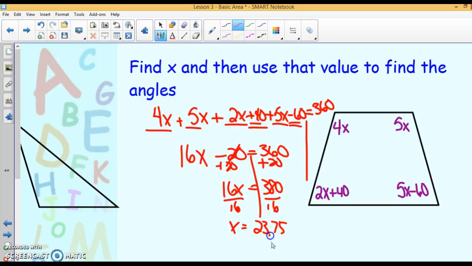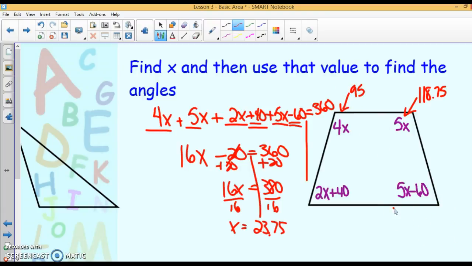Now, once we know that x is 23.75, I can substitute that in to find the angle. So, 5 times 23.75, this angle is 118.75. 4 times 23.75 is 95.